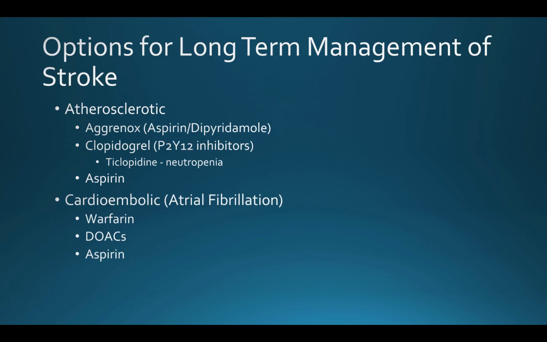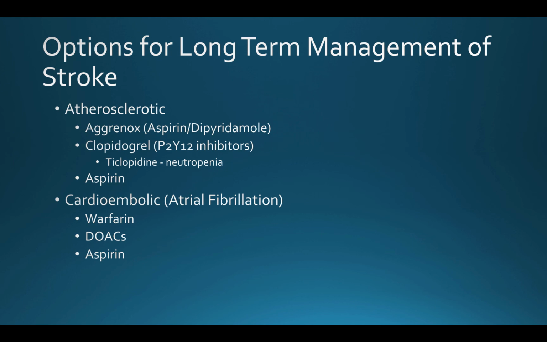As far as using antiplatelet type medications, this is an important differentiator. You need to know what type of stroke a patient had. Did they have a cardioembolic stroke due to atrial fibrillation? Well, that's pretty easy. It should be warfarin or one of the new oral anticoagulants.